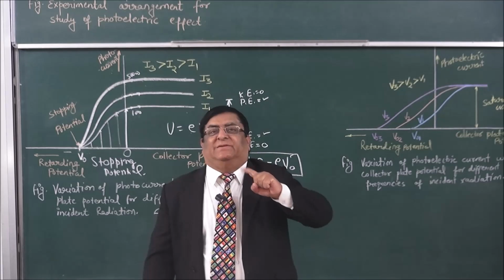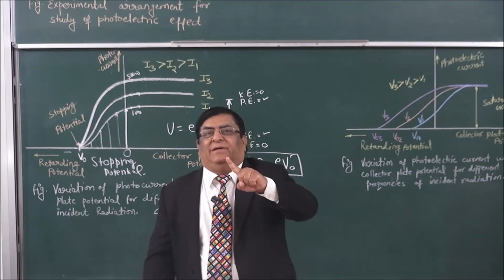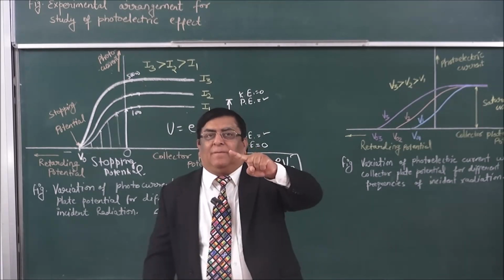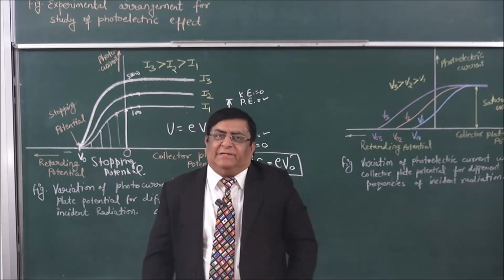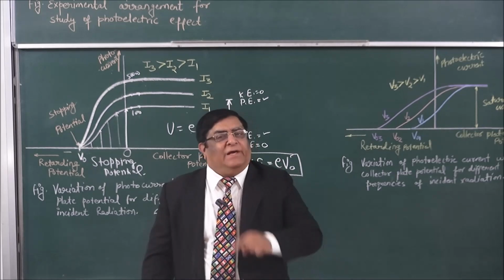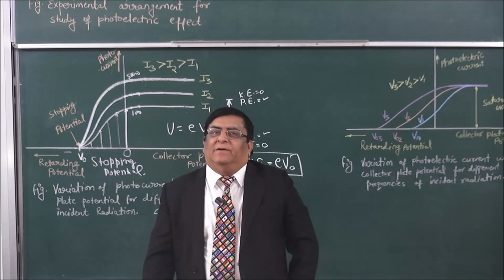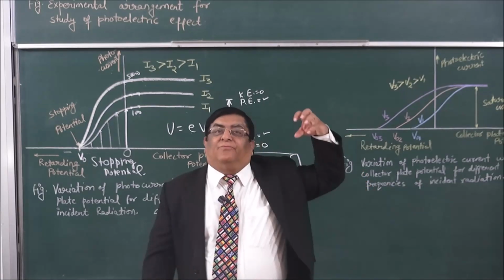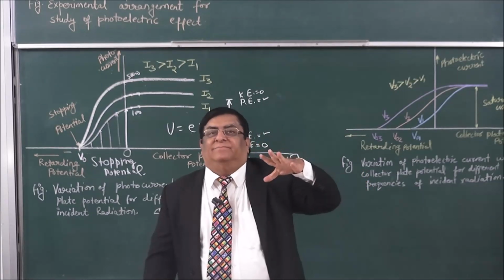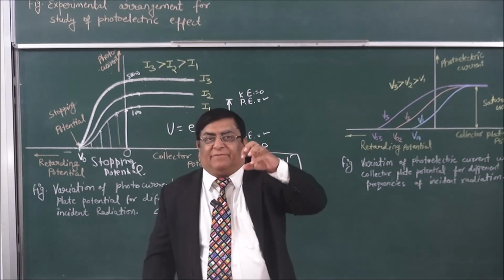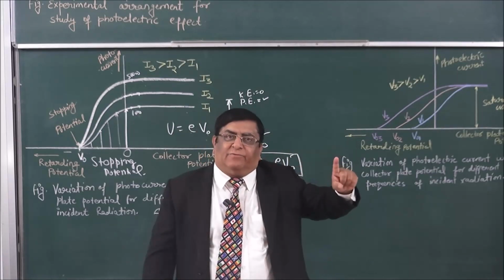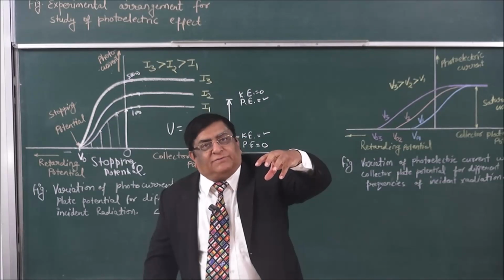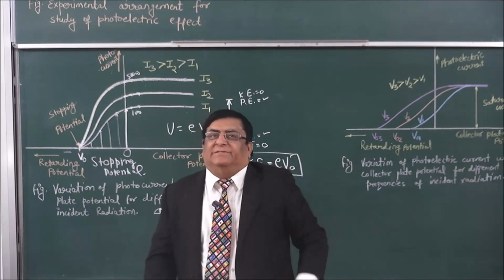Each photon will give 1 unit of current. So how many units of current will there be? 100 units of current. The second bulb gives 500 photons at a time. 100 watt was giving 100 photons, 500 was giving 500 photons. So the number of electrons released is 500.